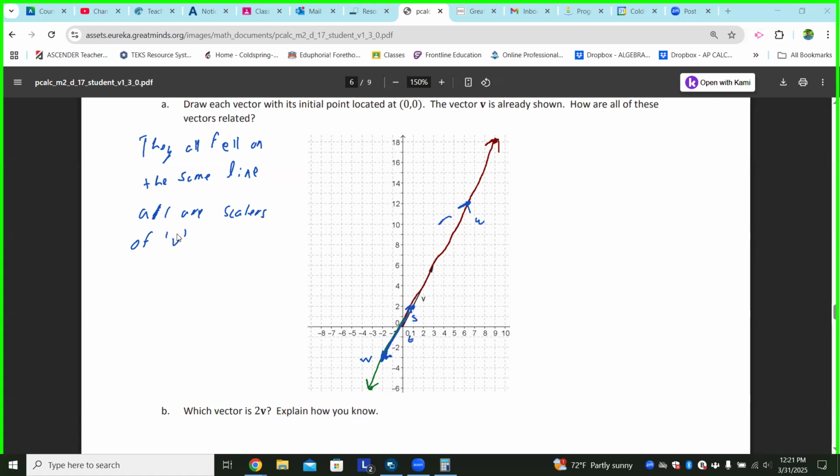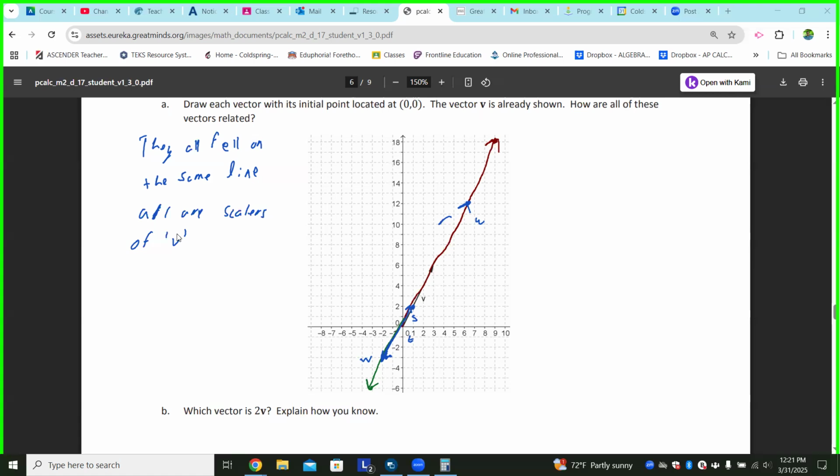You can't get to W. W is tripled. You have to multiply. So that's why they're all scalars of V. So if I take V and I multiply it by a scalar, I can get the other outcome.